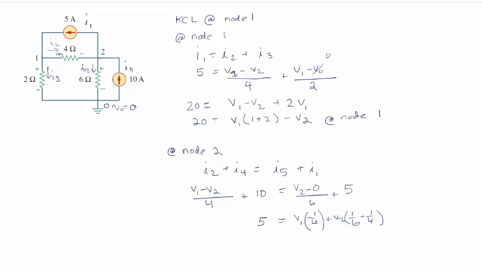Yes, yes. I'm going to go ahead and multiply both sides times 12. 12 times 5 is 60 equals V1 times 12. Both sides times 12, so I can simplify.